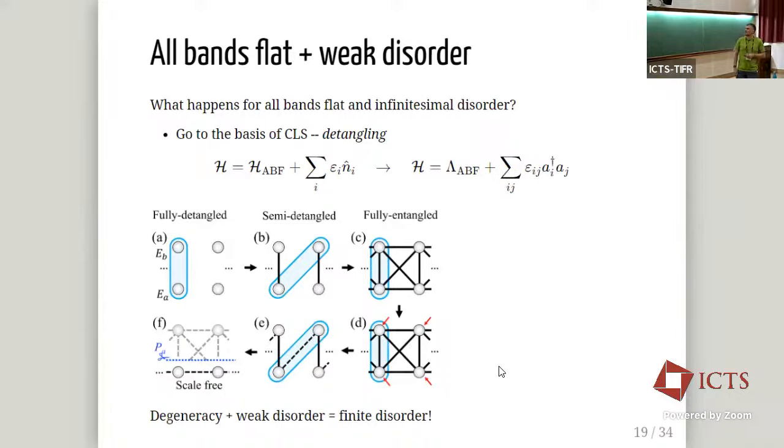Now we have disorder, and we just revert the construction, which leads to an effective Hamiltonian, which turns out to be easier to analyze and also highlights the properties. In this particular case, where you just add a disorder, the strength of the disorder becomes just a multiplicative factor in the final effective Hamiltonian. And you see that macroscopic degeneracy plus weak disorder is equivalent to some effective model at finite disorder.